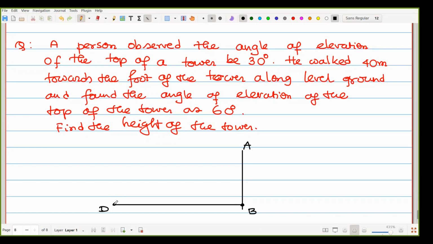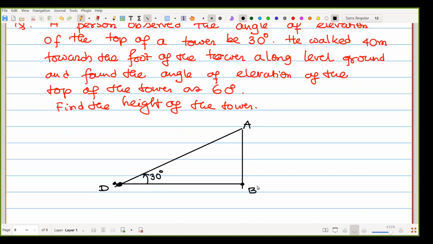That means from that particular position D to the top of the tower, that angle of elevation is 30 degree.